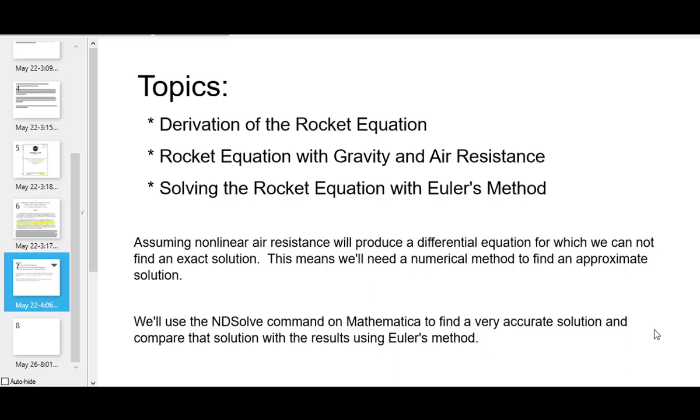You need some method for a numerical approximation, which is precisely what Euler's method is for. So it'll be a really good example of using Euler's method. We can also solve the same equation with NDSolve in Mathematica for a comparison with the results we get from Euler's method.